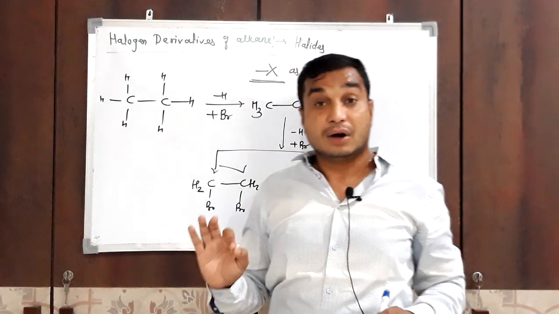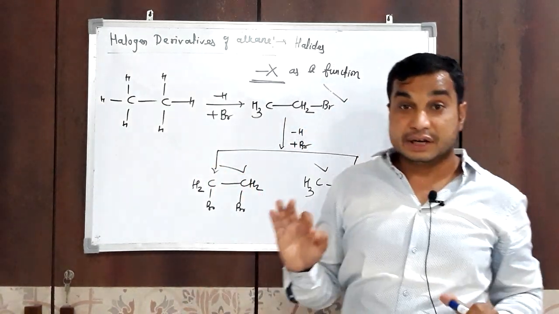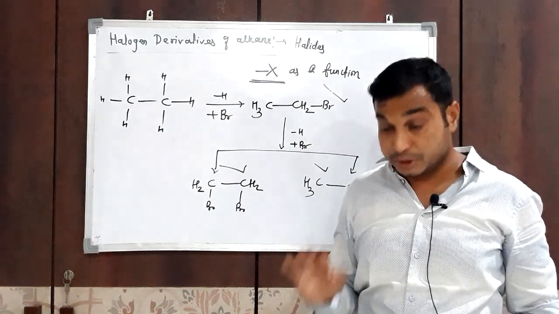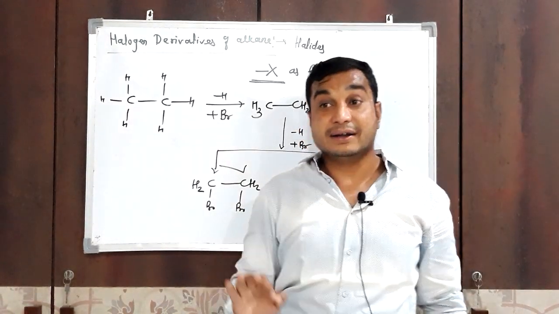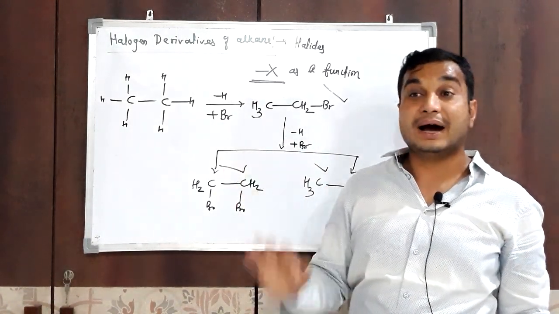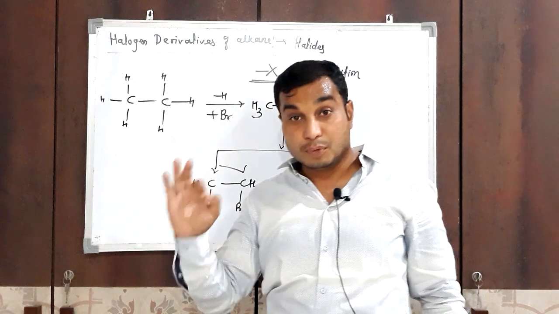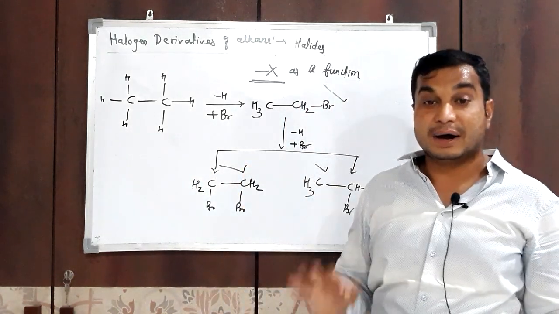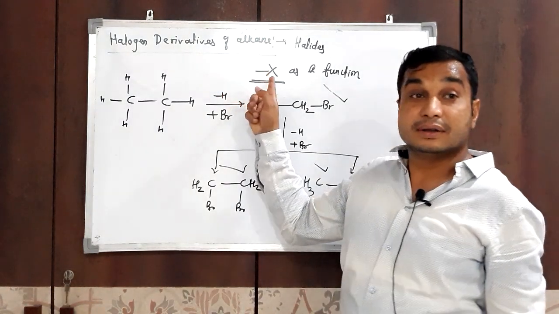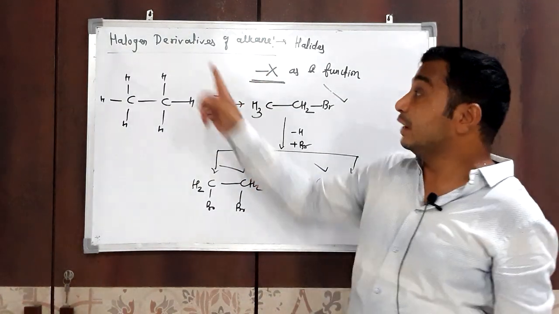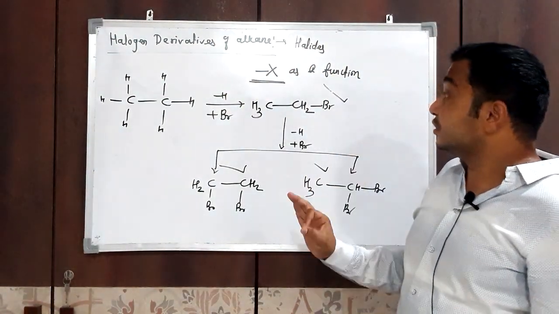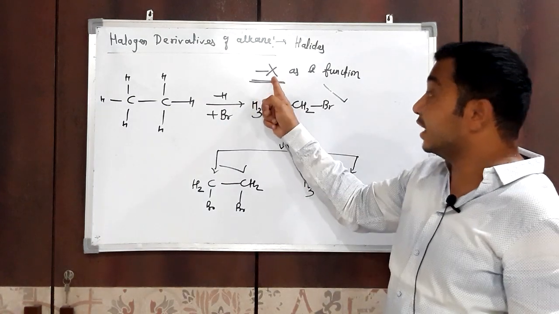What is the definition of halogen derivative of alkane? Halogen derivatives of alkane are the compounds which contain halogen atoms, and they are obtained from alkane by replacing one or more hydrogen atoms by the same number of same or different halogen atoms. The resulting compounds are called halogen derivatives of alkane or halides, and the functional group present in these compounds is the halogen atom.